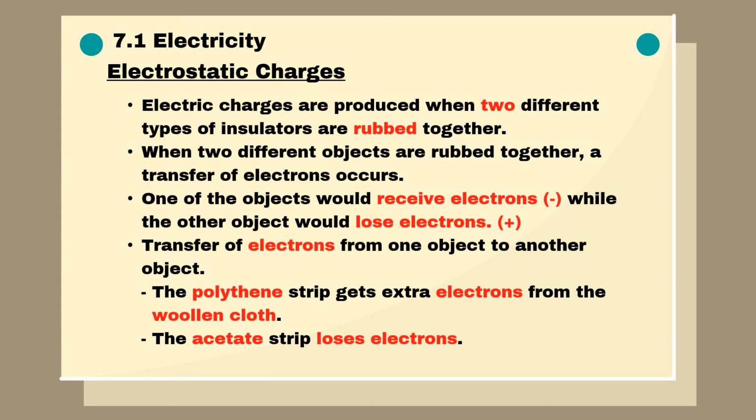Transfer of electrons from one object to another object. For example, the polyethylene strip gets extra electrons from the woolen cloth. The acetate strip loses its electrons.